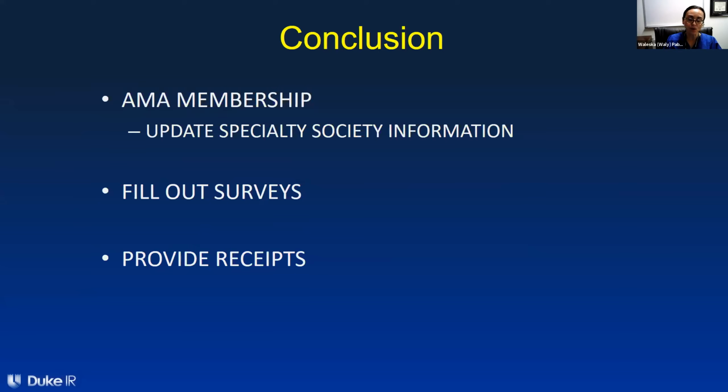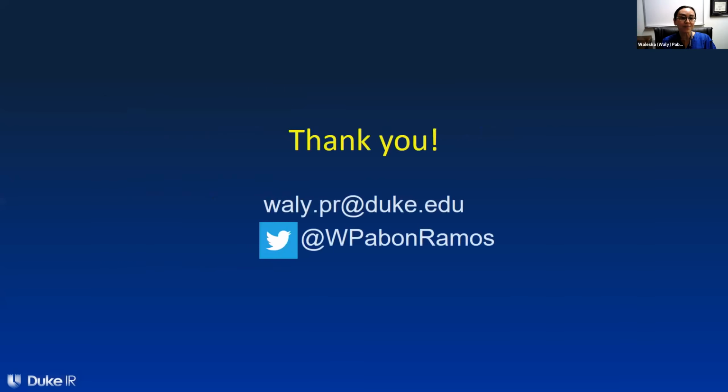It is very important to have enough surveys and enough data. And if once you're an attending, your group is asked to provide a receipt for an angio suite, a power injector, please submit that receipt so that a procedure that you perform can be correctly evaluated. Thank you very much. Please feel free to contact me directly with any questions or submit them to the Q&A at the end of the webinar.